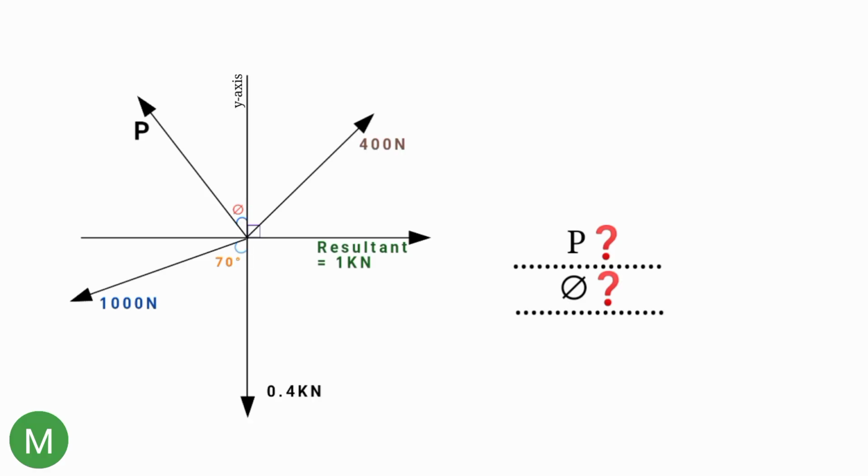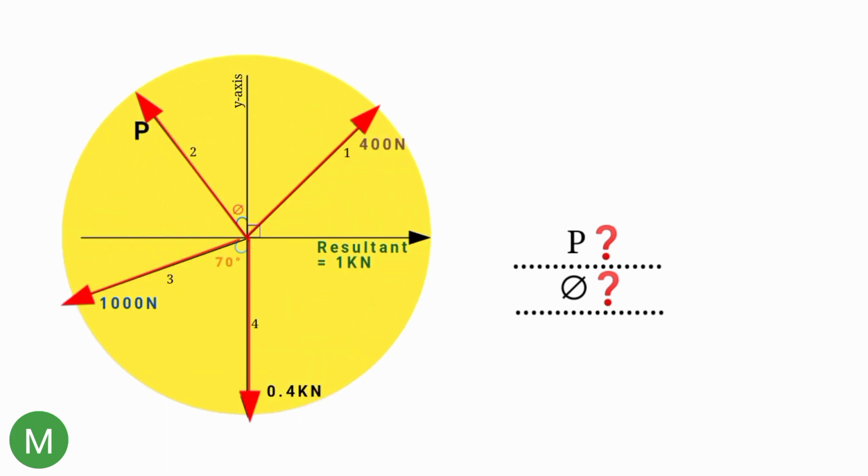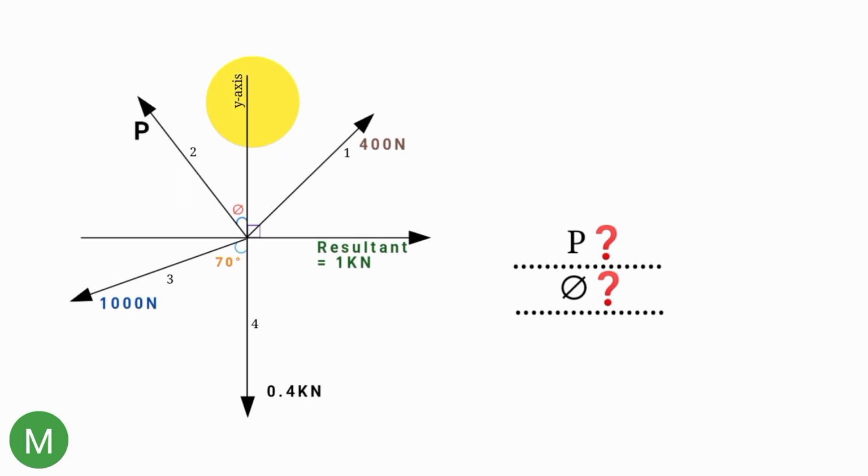Is it possible to find the magnitude of this force P here, even though the size of this angle here is unknown? Well, let's check it out. We can see at this point here, 4 concurrent forces of different magnitude and direction are acting on it. And we have the resultant here, which is 1 kilonewton. If we look here, this is the y-axis.